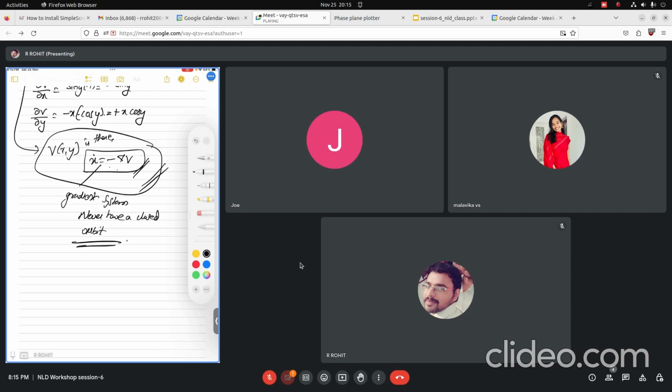Similarly, if you are able to show there is a potential function existing, and that its gradient is equal to x dot, then it's a gradient system, and you can say strongly that you can never have a closed orbit. So that's the statement which we are able to make.